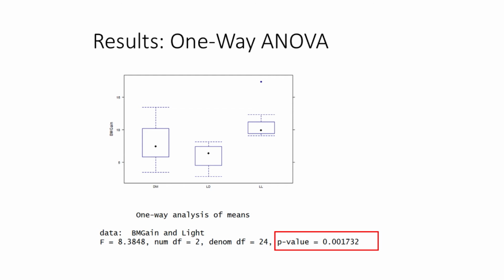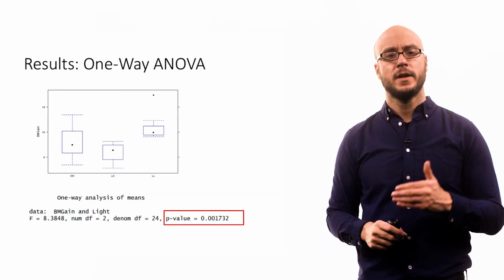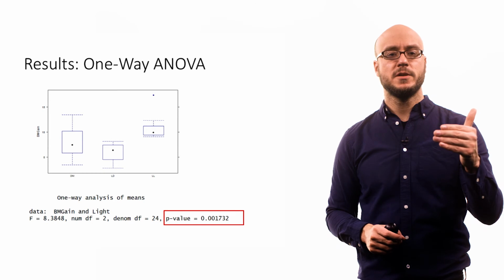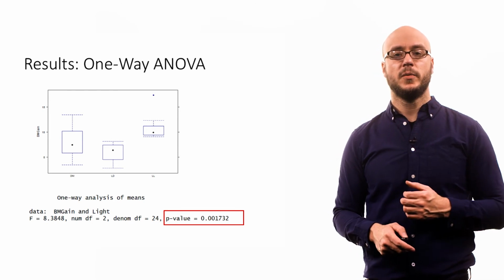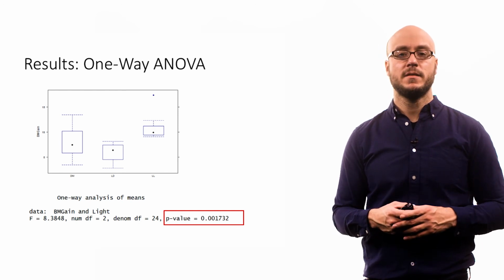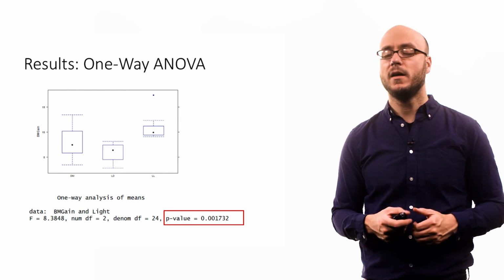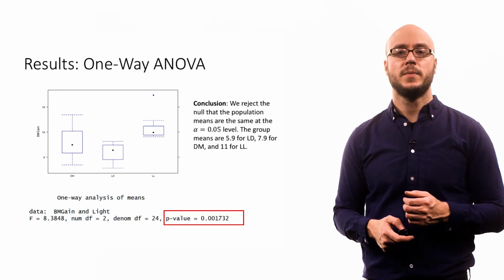The degrees of freedom of the denominator is 24. That reflects the degrees of freedom corresponding with the sum of squares within. And based on the ratio of mean squares between divided by the mean squares within, we get a p-value of 0.0017. That's less than our conventional standard alpha of 0.05, so we reject the null hypothesis.